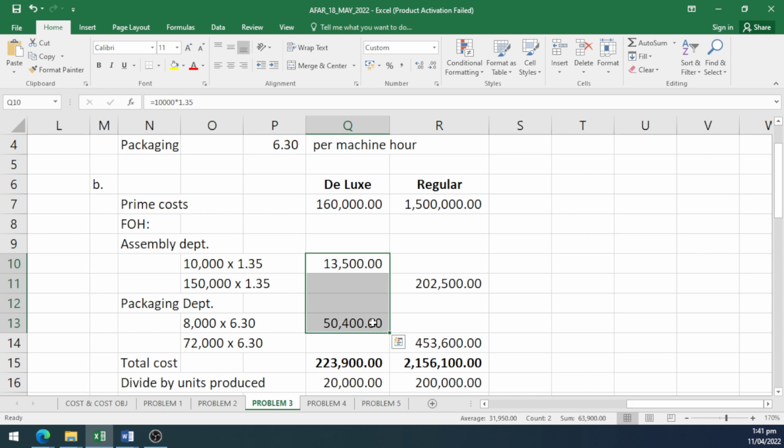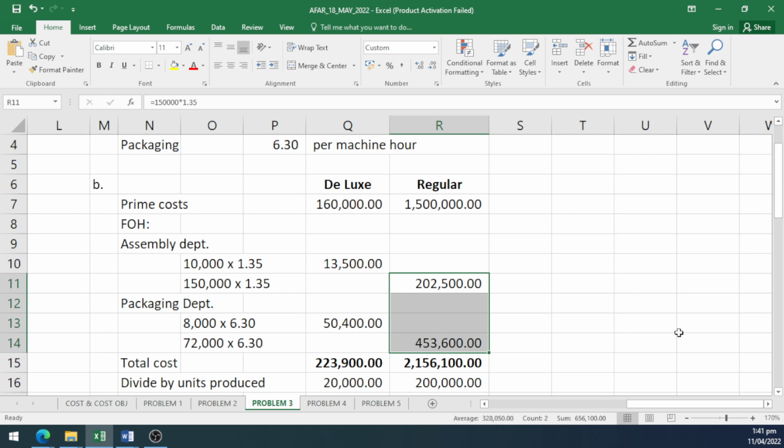So, ang total factory overhead allocated to Deluxe ay ito po. Yan pong 13,500 from assembly department and then from packaging department, 50,400 or a total of 63,900. Okay? Total overhead allocated to regular, ito po, 202,500 from assembly and 453,600 from packaging, and the total is 656,100.